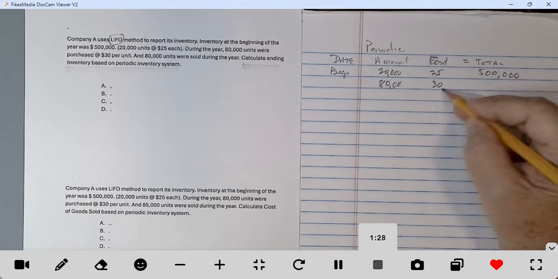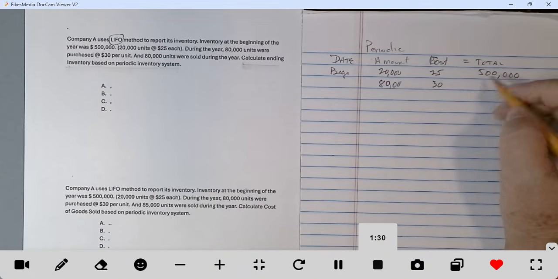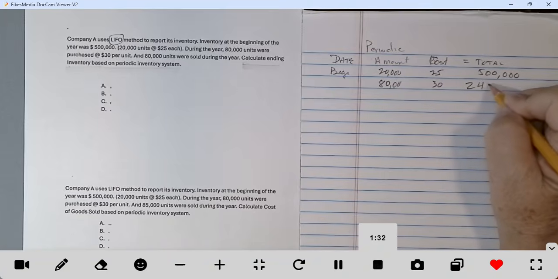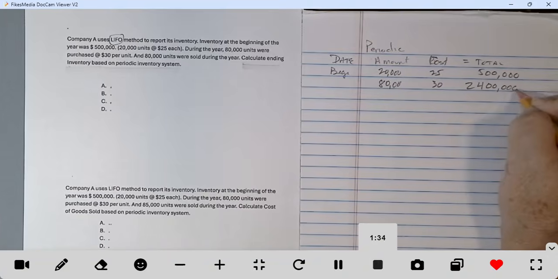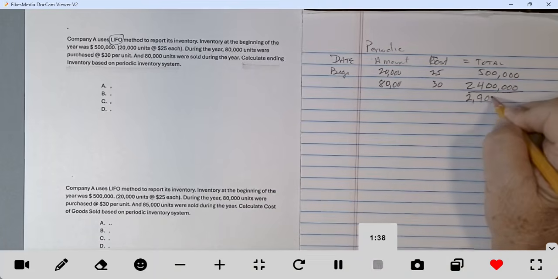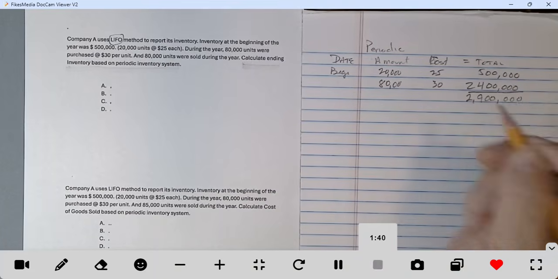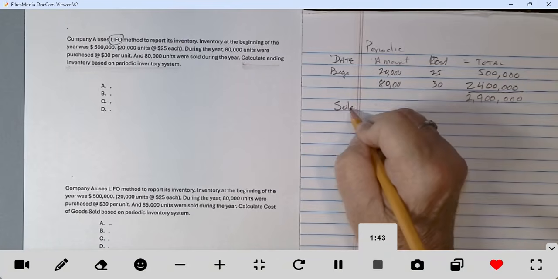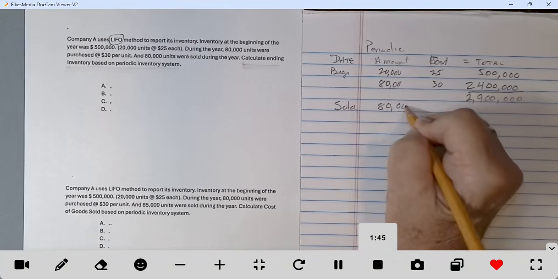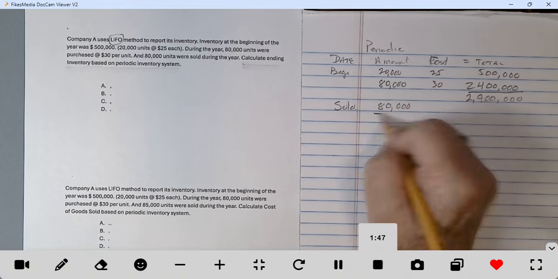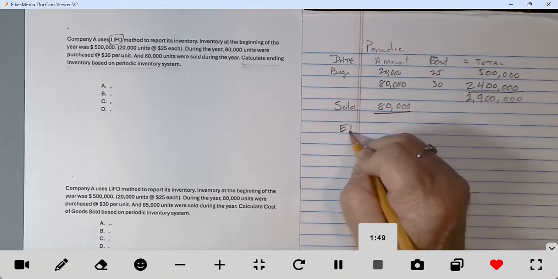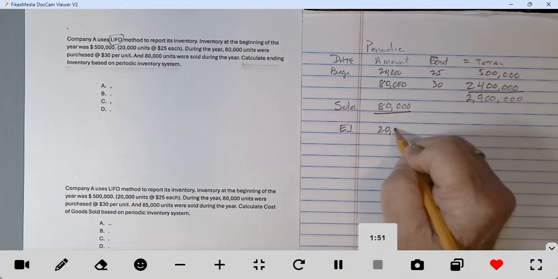So 80 times 30 equals, so I have a total of 2,900,000 in inventory. I sold 80, which means that my ending inventory is 20.